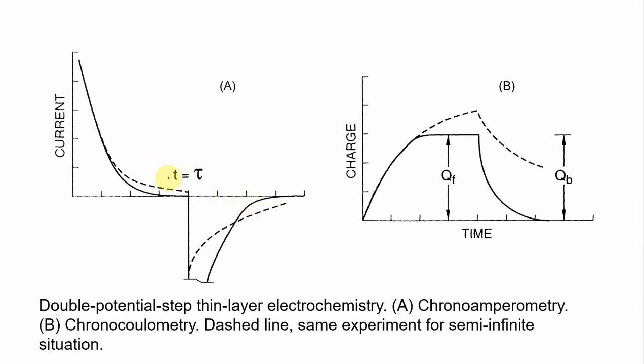So what we see over here is two types of responses. One is the normal chronoamperometric response, that is, this one is when we are looking at the bulk, and this one, that is the solid line, is when we are looking at something which is acting against a barrier.